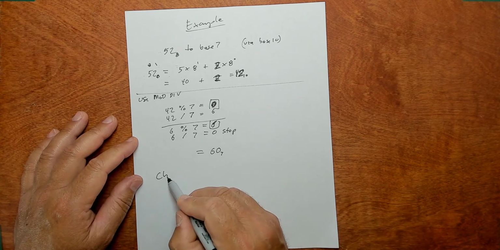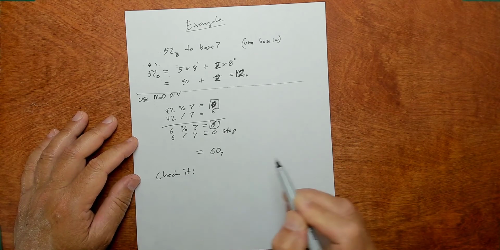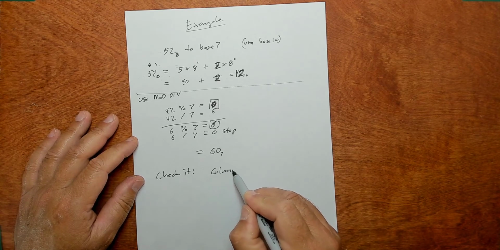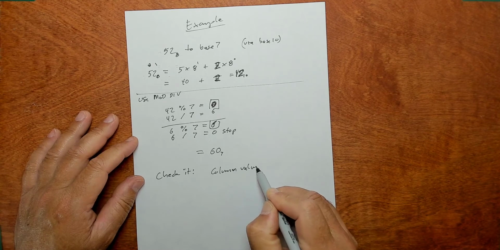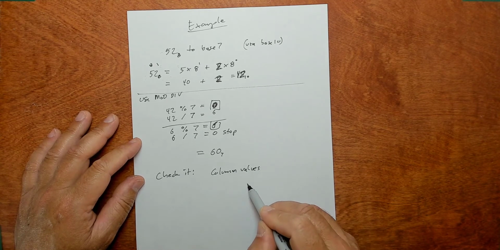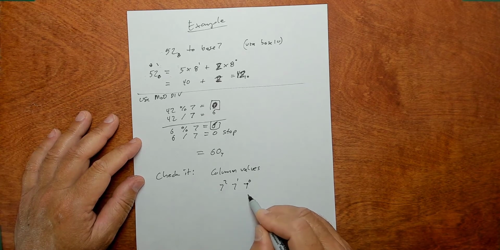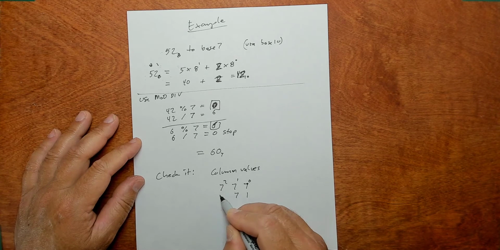And then you can check because the column values are 7 to the 0, 7 to the 1, 7 squared, or 1, 7, 49.